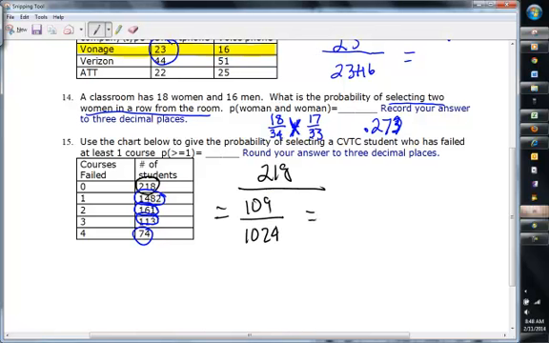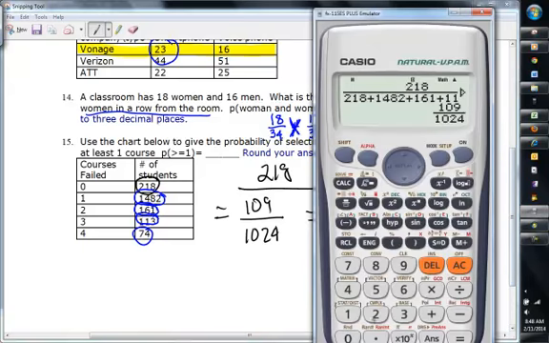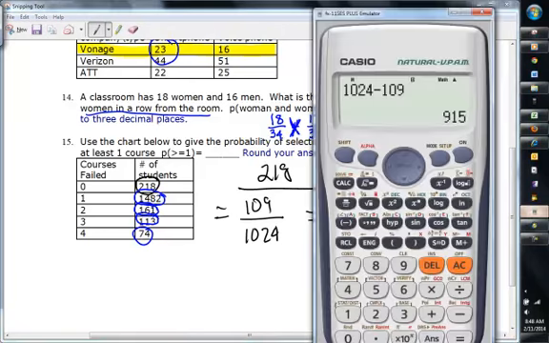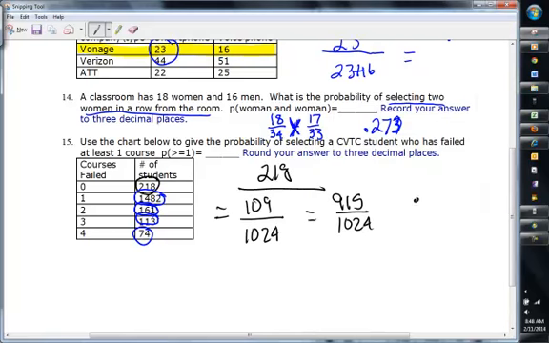So our answer is 1024 minus 109, because all of the rest of the people did fail. So it's 915 out of 1024. Let's write that as a decimal. 915 over 1024 is 0.894. Next one.